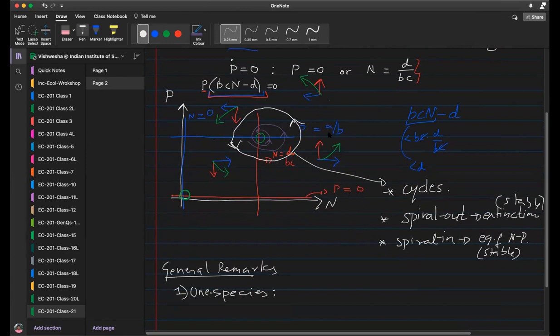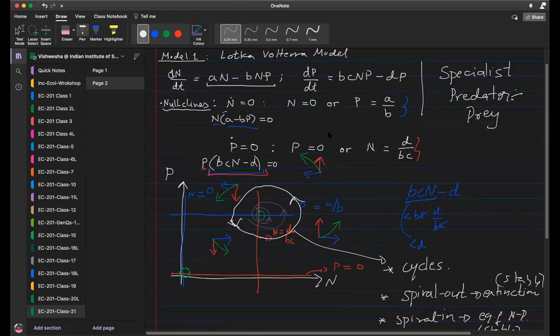Spiraling out is also possible to just go towards infinity, but that means there's no limitation, no? How can things go on just infinitely large? One possibility is maybe it will spiral out like this in the horizontal x-axis, when the predator goes to 0 and then the prey will just keep on increasing. That's in principle possible. That doesn't quite happen in the system.